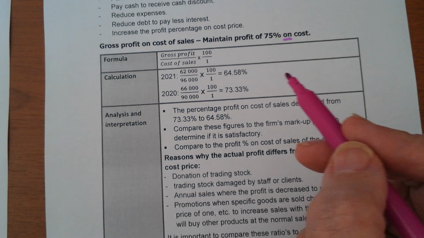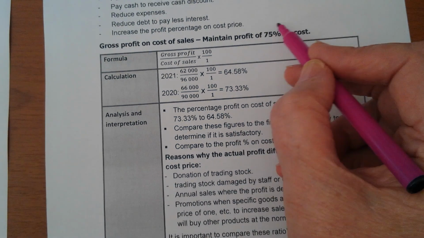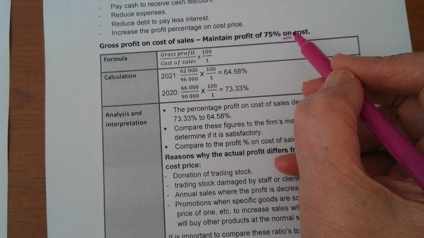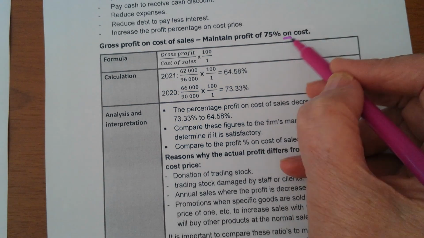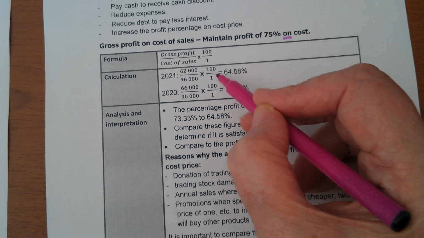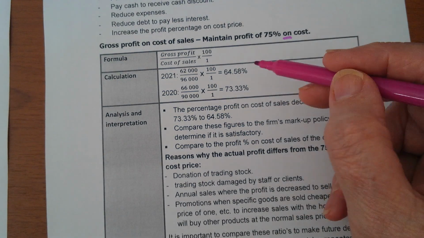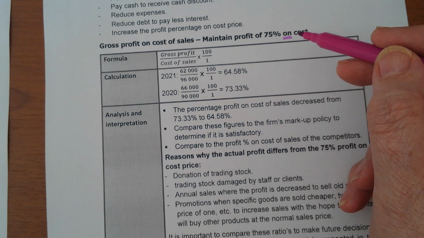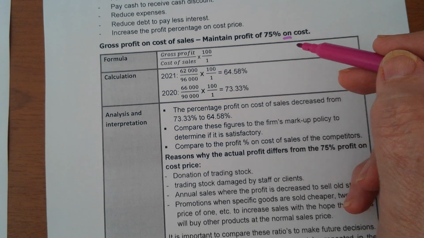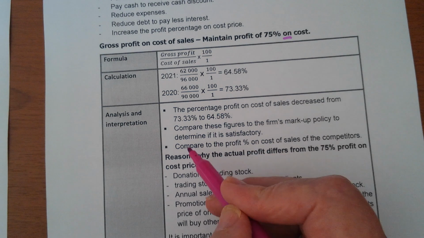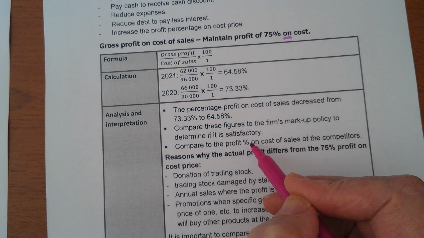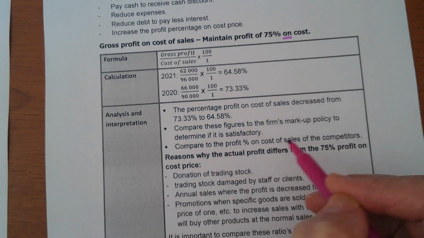Then you must compare this to the markup profit so that you can see, is it more or less 75%, and if it's lower, then I will have to have a look and see exactly what happened. So I will do an investigation. Then the third thing that you have to do is compare this with competitors.